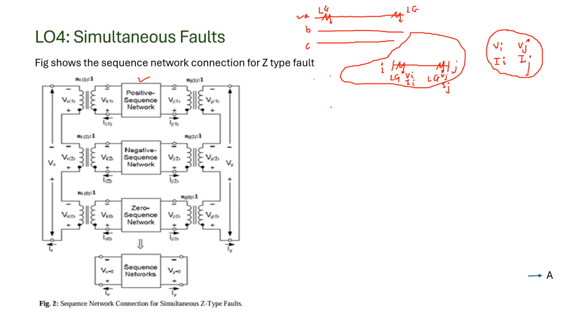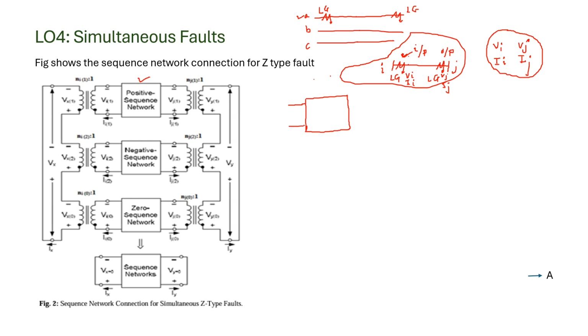Seen from the fault point, you can take this as the input port where the fault has taken place, and this as the output port where another LG fault has taken place. Look at this as two ports, two pair terminals.